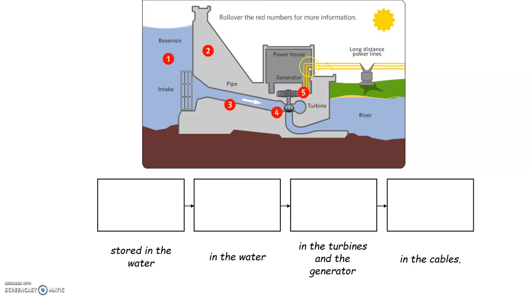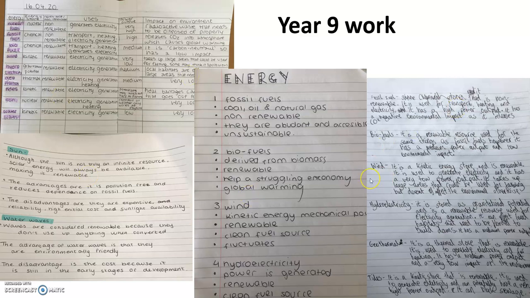And then it's transferred into electrical energy in the cables. So we start with gravitational, then we have kinetic, then we have another type of kinetic, and then we have electricity.